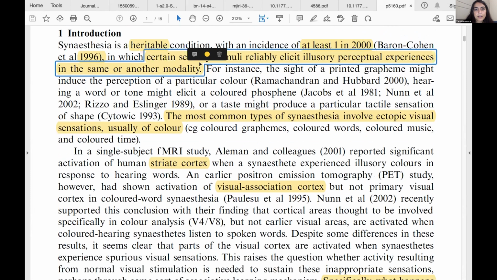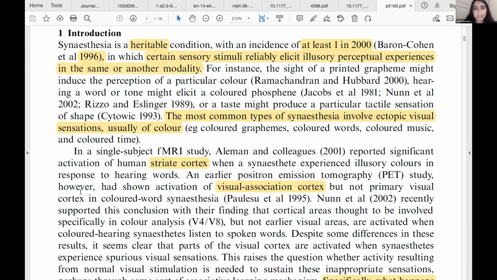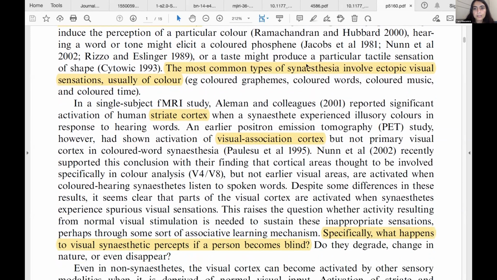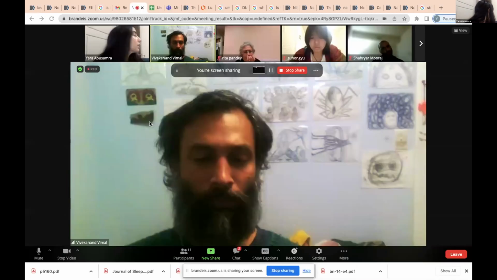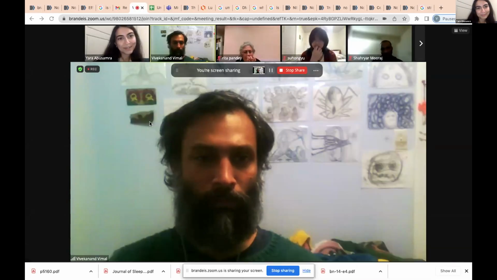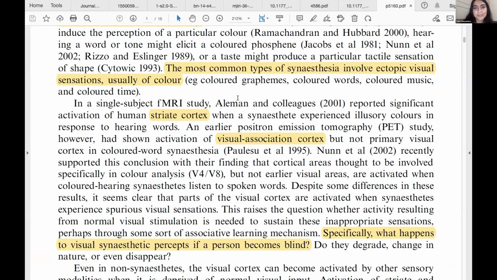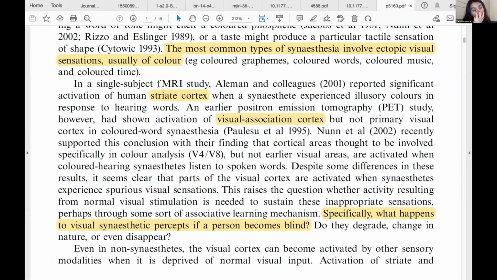It is a phenomenon where certain sensory stimuli elicit illusory perceptual experiences in the same or another modality, usually auditory or tactile. The most common types of synesthesia involve ectopic visual sensations, usually of color. So some modality will trigger some sort of color.